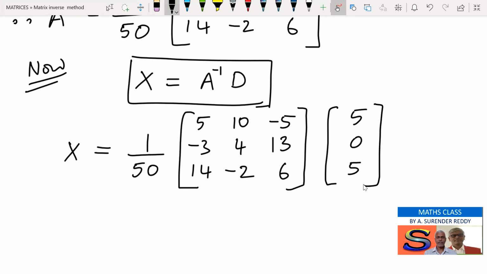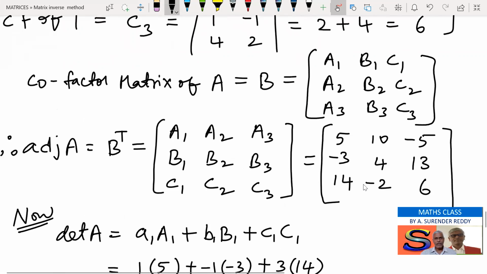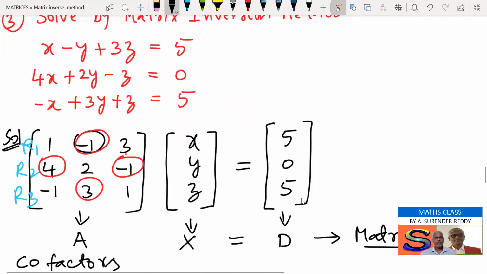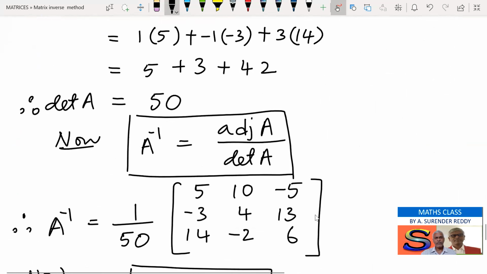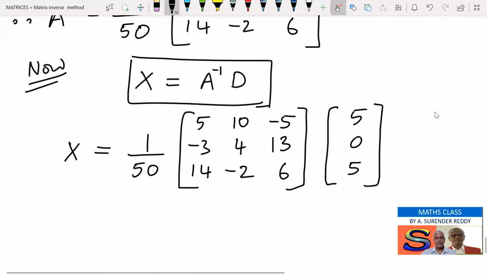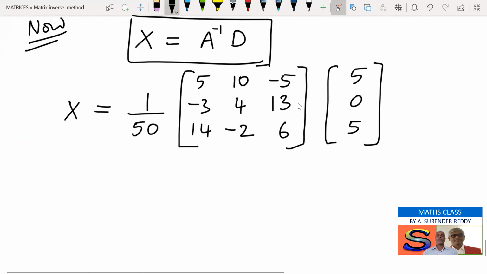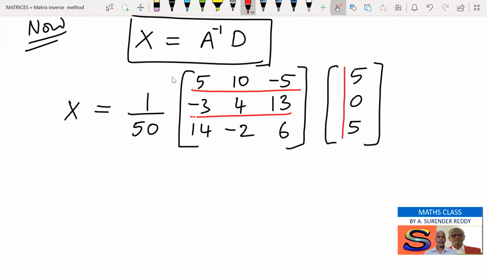In the first step, converting it into matrix form, the constant matrix is 5, 0, 5. This is D. So after finding A inverse, multiply the inverse with the constant matrix D. In the multiplication, we multiply the rows of the first matrix with the columns of the second matrix.